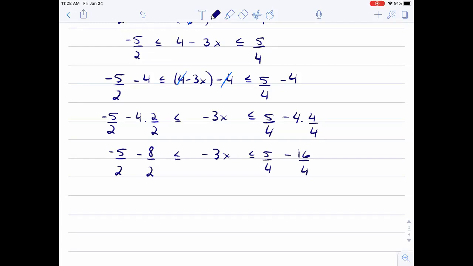But whatever trick you're comfortable with to find that common denominator is fine by me. If you're okay to use the lowest common denominator, if that works for you, then that's great. If you can just look at 4 and say, well, I can rewrite 4 as 16 over 4, then that's fine too.